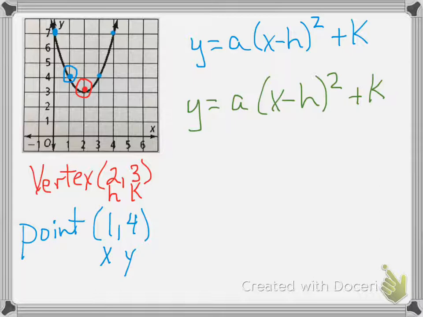All right, so for our H, come on, I may need to make that a little bit bigger. Okay. My H is what? 2. My H is 2. Okay. And my K. What's my K, Nathaniel? 3. 3.